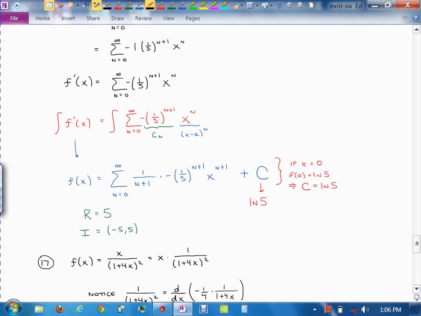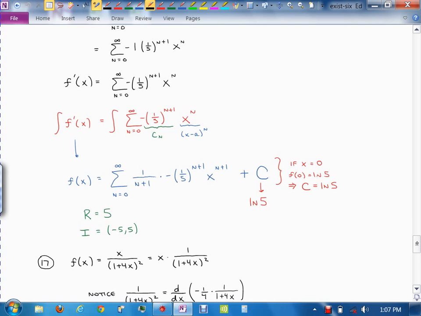This is 0, so it kills everything off. Everything in this sum is 0, isn't it? And the only thing left is our constant. So f of 0 is that constant. But what was f of 0 from above? Natural log of 5. So that constant must be natural log of 5. Does that make sense? Okay. That kind of clear that up a little bit?